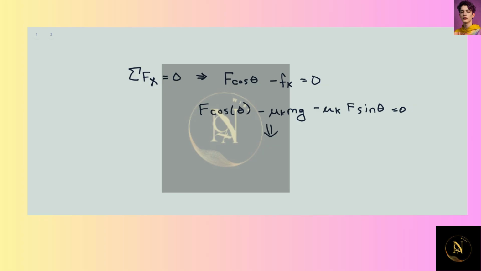Solving this for capital F, which is our desired quantity, we get that big F is mu k times mg over cosine theta minus mu k sine theta. And that's the force that the woman has to apply to keep the crate moving at a constant speed.